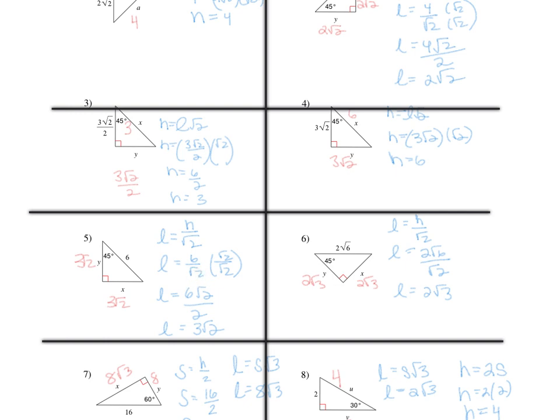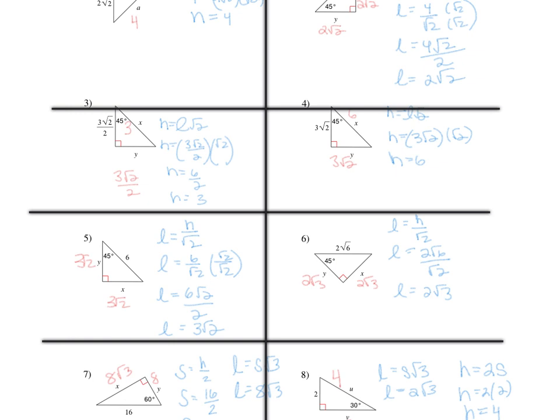This is underneath the radical, this is not. But I do need to rationalize the denominator and thereby multiply by the square root of 2 over the square root of 2. What happens then is that we get 6 times the square root of 2 divided by 2, and then we need to reduce this to lowest terms. So each one of our legs is 3 times the square root of 2.